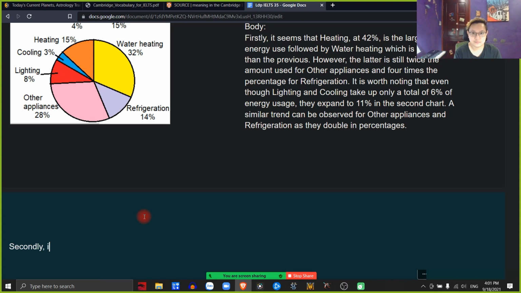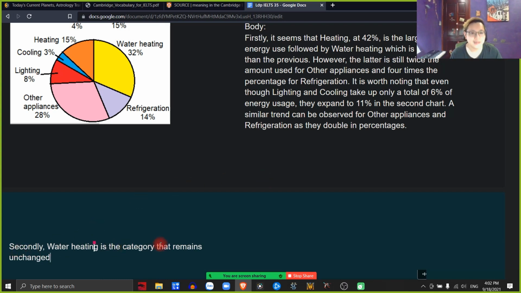Secondly, it seems that, let's just say, secondly, water heating is a category that doesn't change, or that remains unchanged.